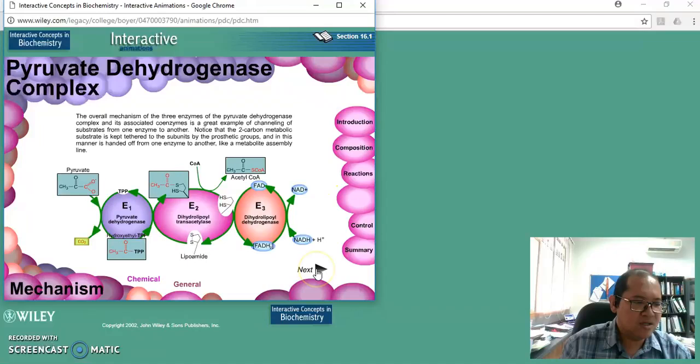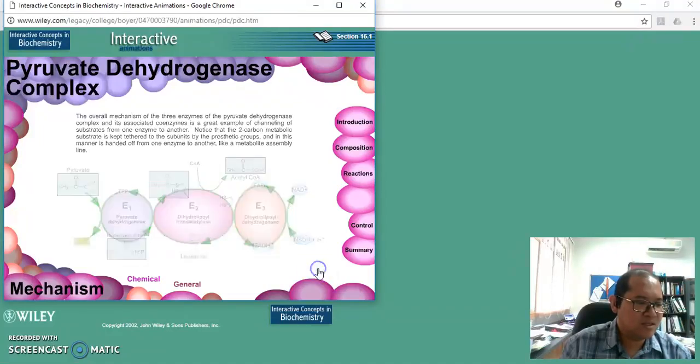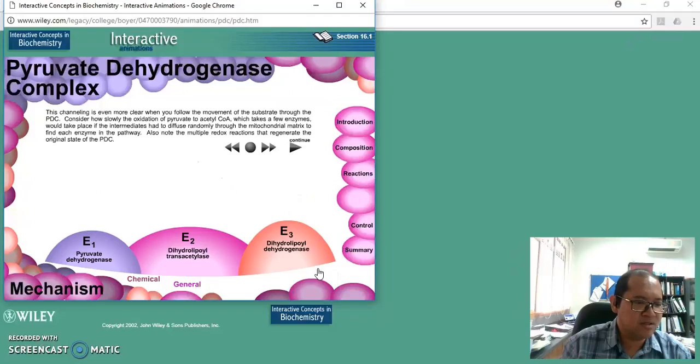So it's quite complicated, but let's see whether they have animations for this or not. Okay, so you see this is the TPP, the thiamine pyrophosphate on E1. Okay, so this is the pyruvate dehydrogenase complex, so there will be a nucleophilic attack.